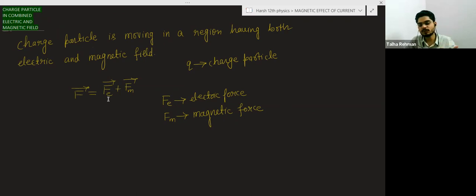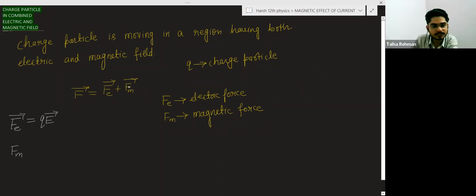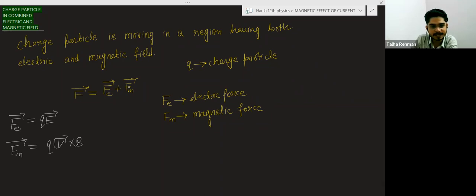The total force is equal to the vector summation of the electric force on the charge particle and the magnetic force on the charge particle. This electric force is given by charge into electric field. And the magnetic force on the charge particle, we have already discussed, is given by Q, velocity of the charge particle, and the magnetic field.